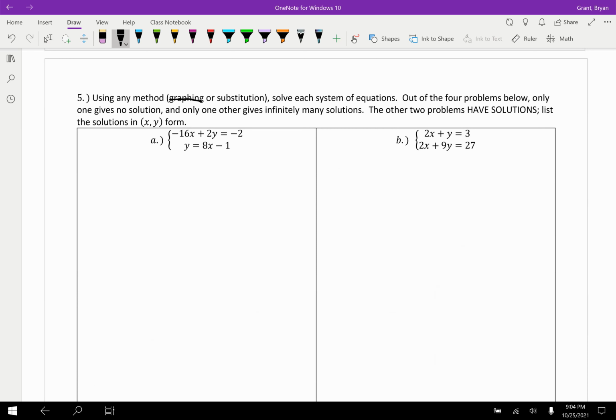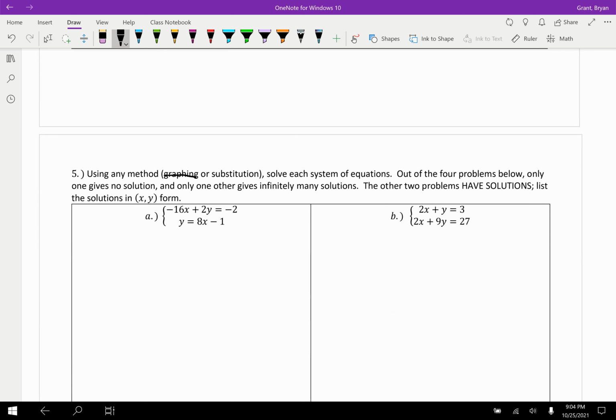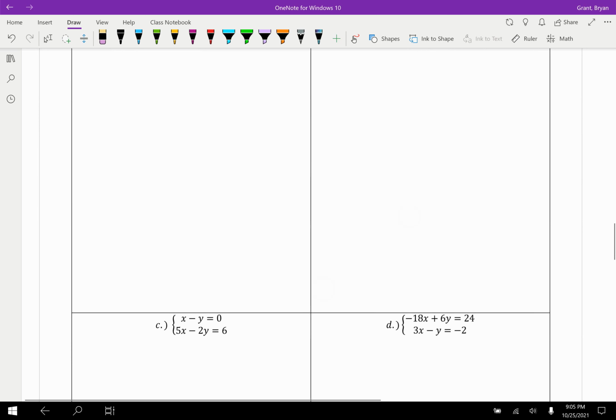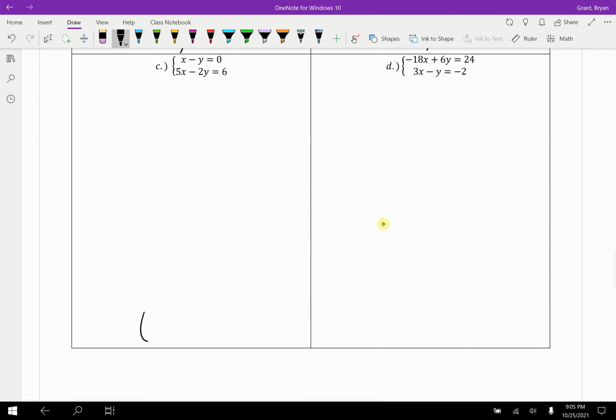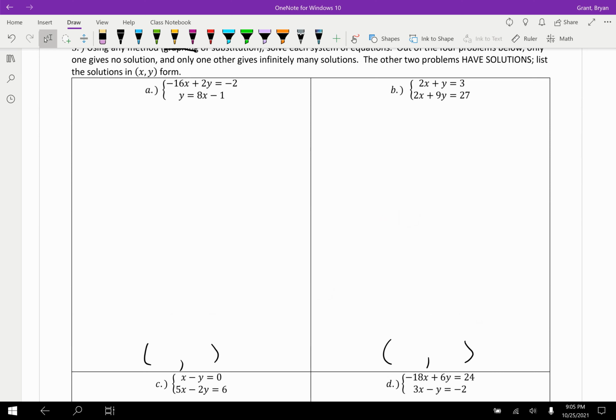Out of the 4 problems below, A, B, C, and D, only one of them gives no solution, and only one other gives infinitely many solutions. The other 2 problems have solutions, and you need to list those in x, y form. So I'm just going to quickly write 2 blanks with x, y. We're not going to use those in all 4 problems because one of them has no solution and one has infinitely many solutions, but we'll at least set those up for us later on.